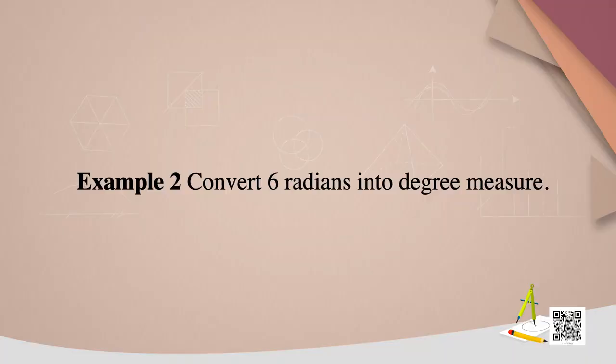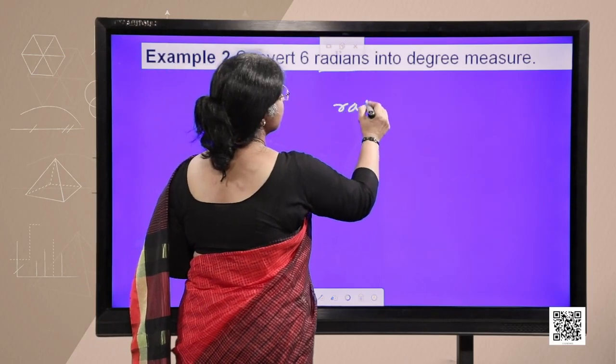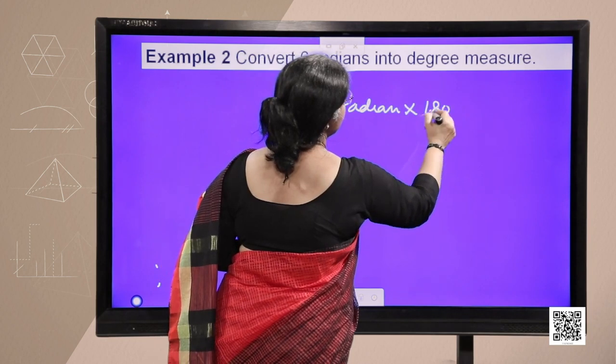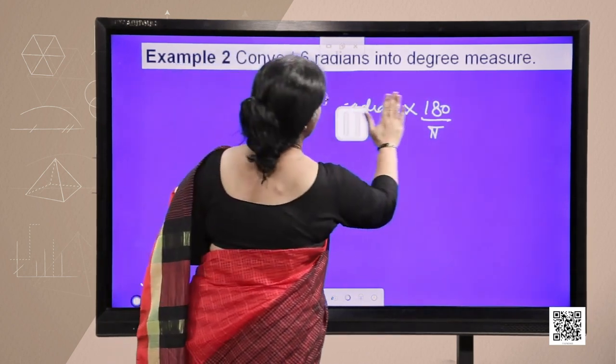Now, another question, this time radian to degree measure. For radian to degree measure, it is very simple. We just need to multiply the given radians by 180 upon pi. See how it is solved.